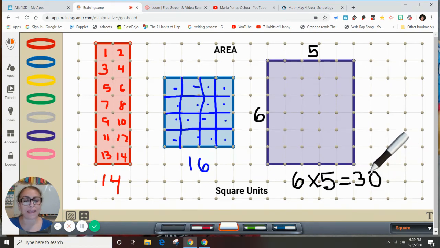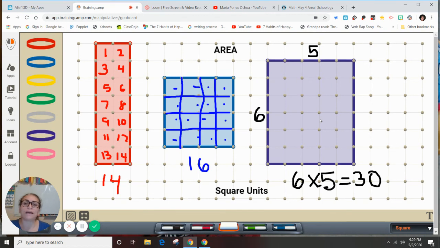Okay. And that will tell me that this shape has 30 square units. So let's count them really fast just to make sure that we did it correctly. 1, 2, 3, 4, 5. And remember, we're counting by fives. So that'll be 5, 10, 15, 20, 25, 30. So this whole shape has 30 square units, okay?